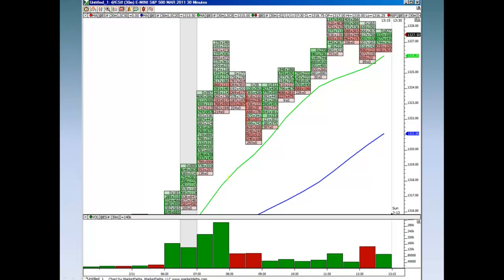It just makes it visually easy for me to identify what it is that I'm seeing. So typically, I use green for my 8-period simple moving average, blue for my 20, red for my 50, and black or brown for the 200 moving average.